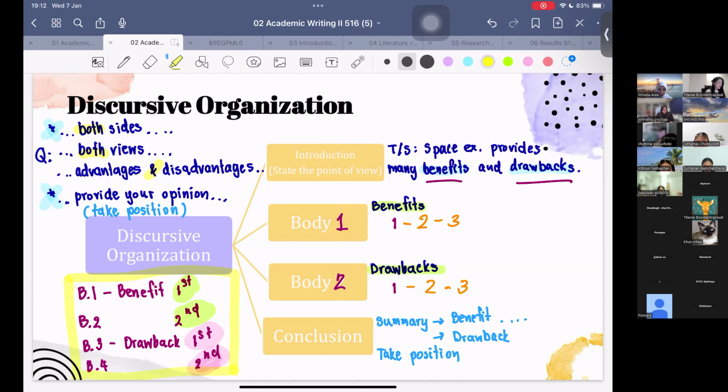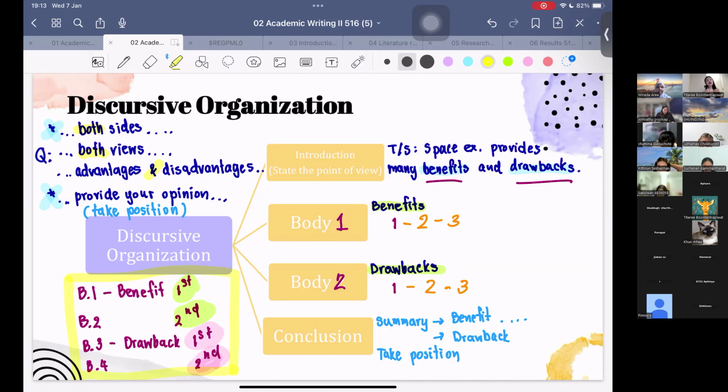Because your answer comes from two opposite sides, one side is benefits and one side is drawbacks. To make it easy and simple, use one paragraph for the benefits and one paragraph for the drawbacks. For body paragraph 1, you write the benefits.